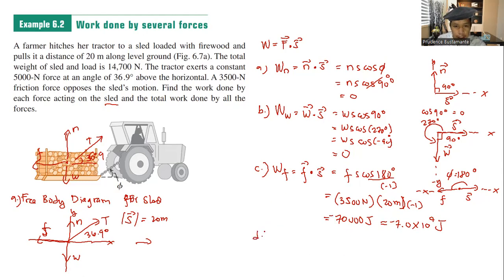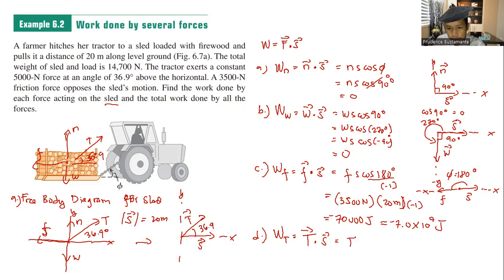For letter D, the work done by the tension force, we have the tension force at an angle of 36.9 degrees. If you sketch the tension force, this is our tension force T, this is our y, this is our x, and this is our displacement. The angle between them is 36.9.